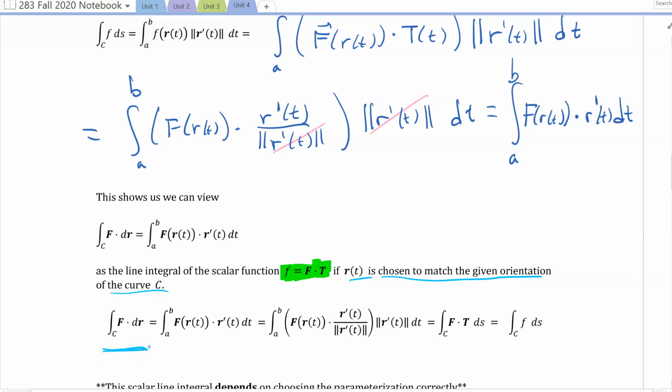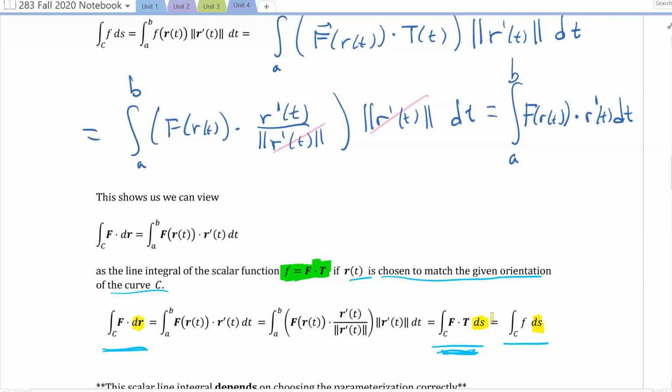So that's some of the notation that we're going to see in our homework and in textbooks, is F dot dr for the line integral of a vector field. We can also think about that as the line integral of a scalar function, where that scalar function is capital F dot T. And one thing I just want to point out here is, notice we have this dot dr notation over here, versus over on the right side we've got integrating with respect to arc length ds.